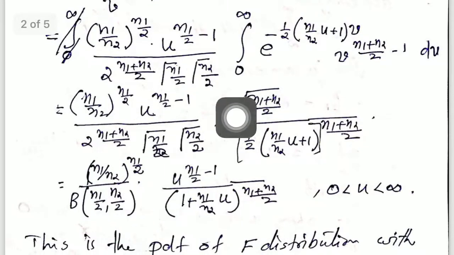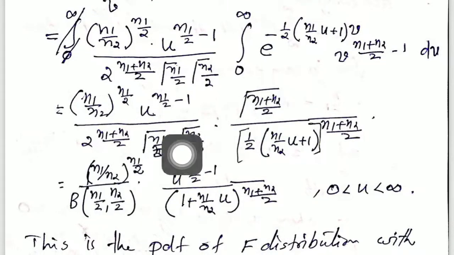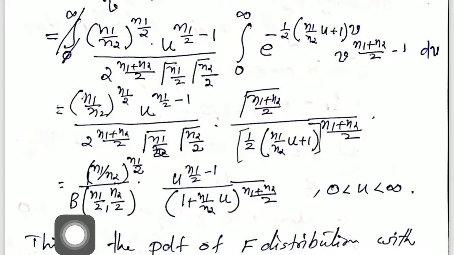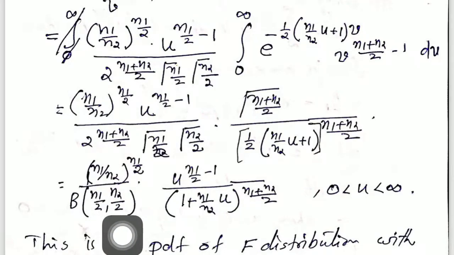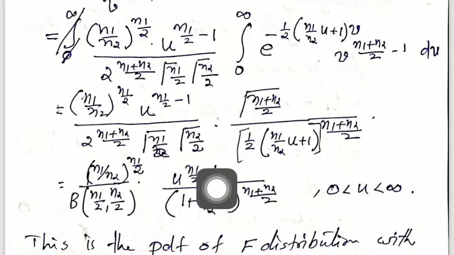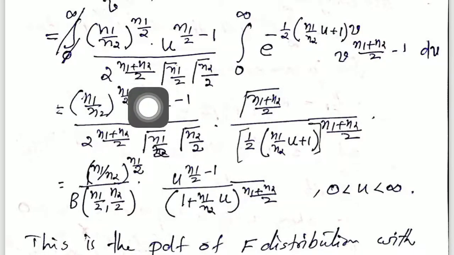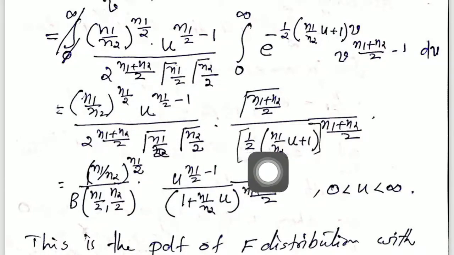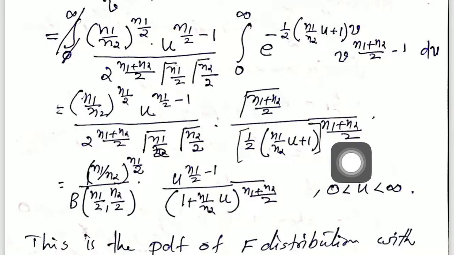Okay, then you can easily simplify, and all these things can be written in terms of beta of n1 by 2, n2 by 2, and these terms can be written as u to the power of n1 by 2 minus 1, and you can see that this quantity, 1 plus (n1/n2)u to the power of (n1 plus n2) by 2, is in the denominator.